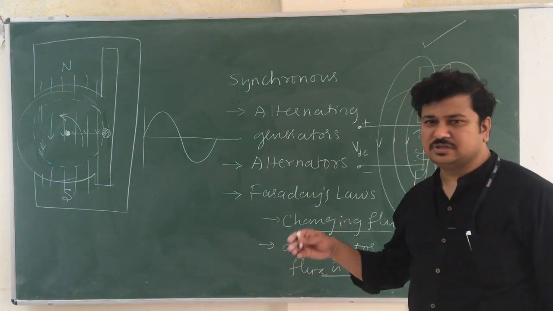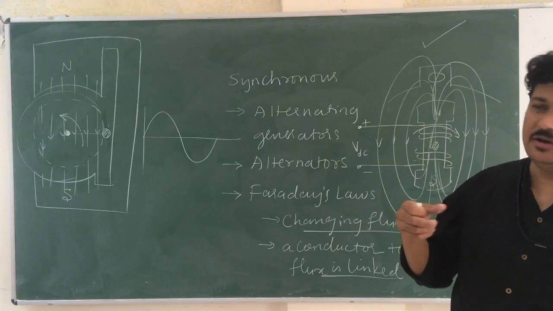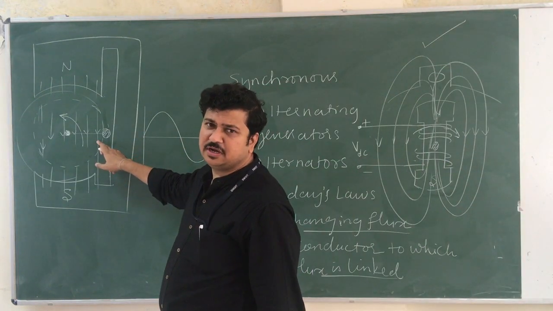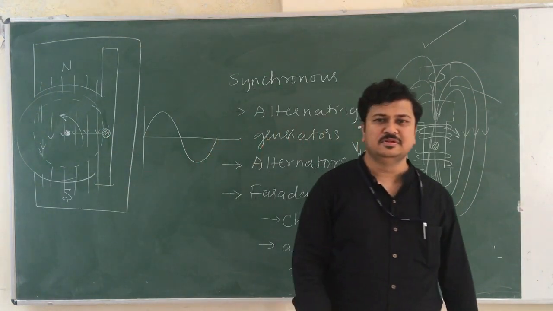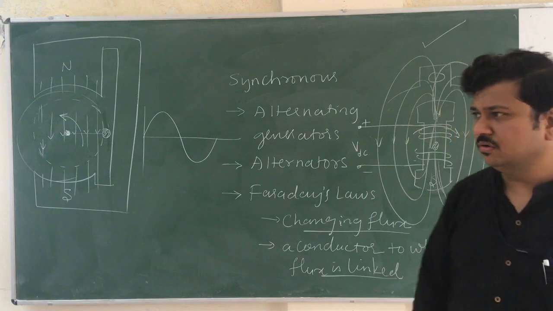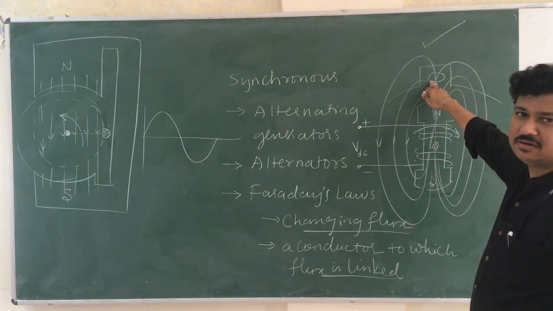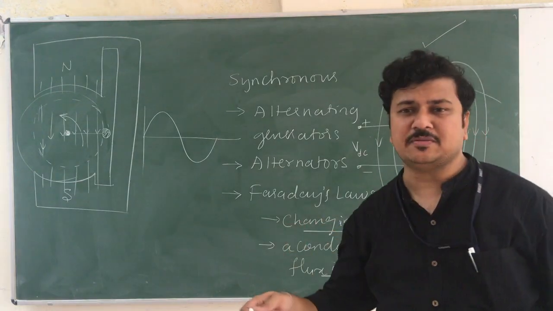So when I have to supply this current to the load, I have to collect the current from the rotating part of the conductor. It is extremely difficult to collect the current from the rotating part. Okay? So what I will do, I will keep that large current generated in the stationary part and I can make the magnetic field rotating. Why?